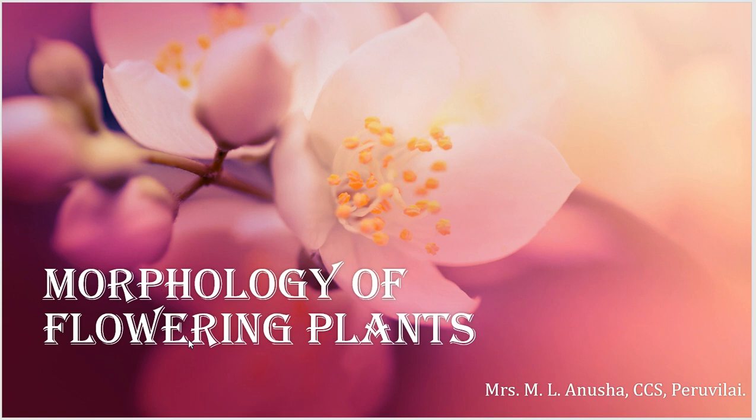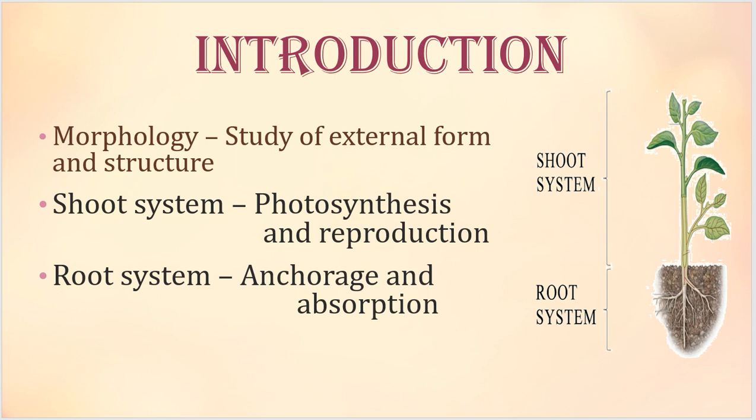So what is morphology? Morphology, literally, it's a Greek word which means study of external form and structure. Morphos stands for external structure. So morphology means study of external form and structure of a plant, of any organism.